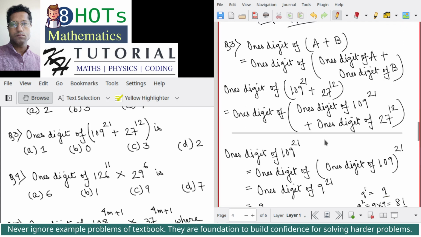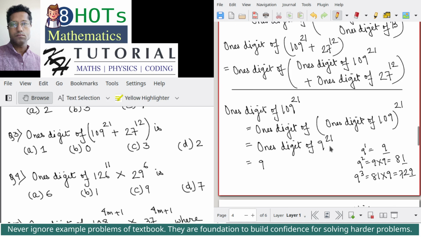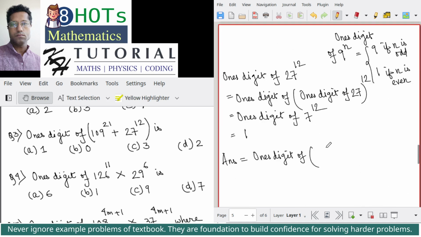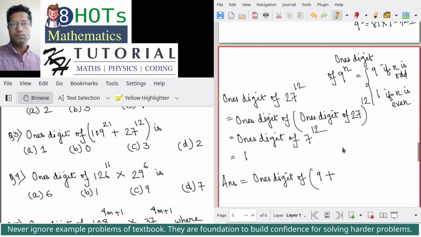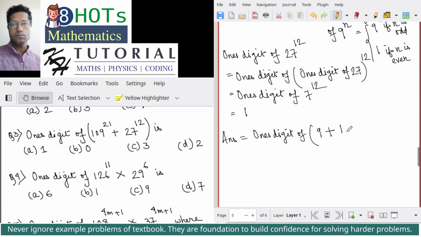What was the ones digit of 109 to the power 21? It was 9. And what was the ones digit of 27 to the power 12? It was 1. So 9 plus 1 is 10, and the ones digit is 0. Hence the correct choice is B.